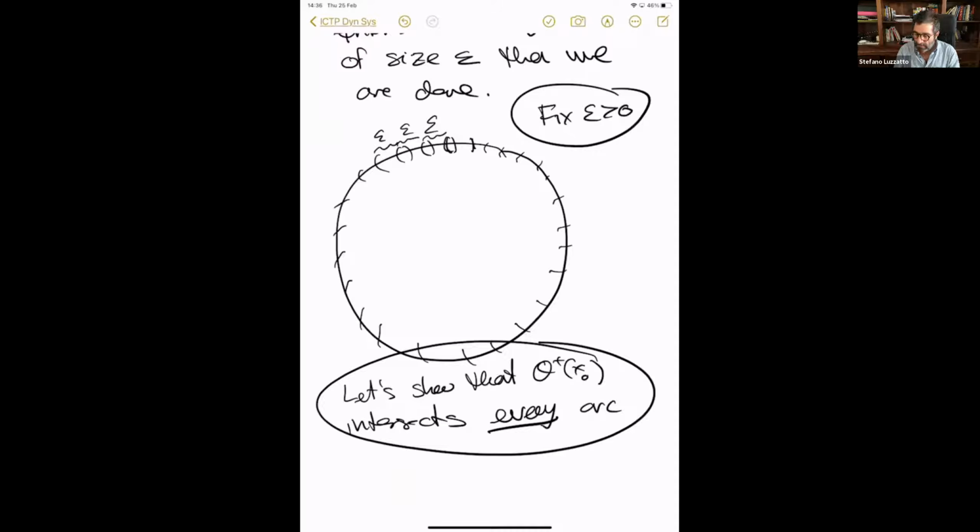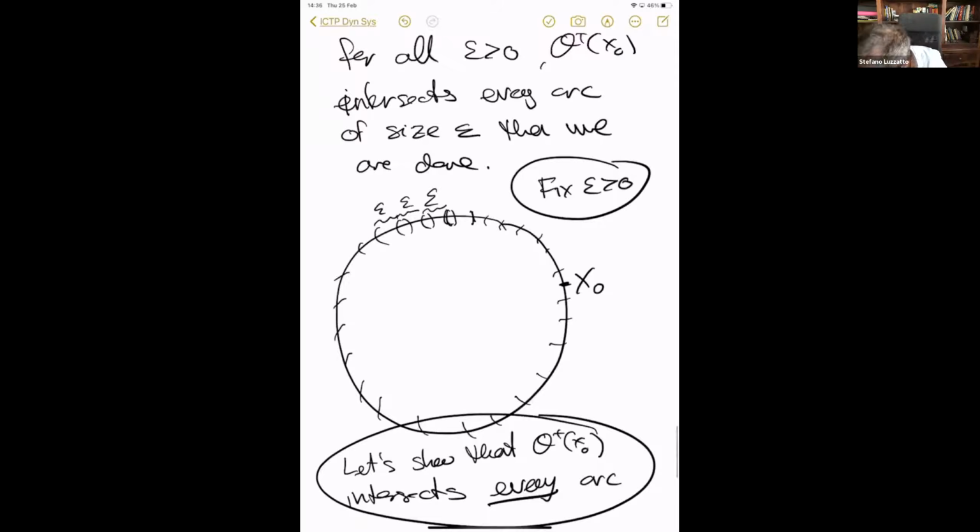So how do we do that? We have x naught here. How big is b relative to epsilon? How should we visualize this situation? We have now x1 here, say, x1 is equal to x naught plus b. Shall we think of b as being big compared to epsilon, or small compared to epsilon?